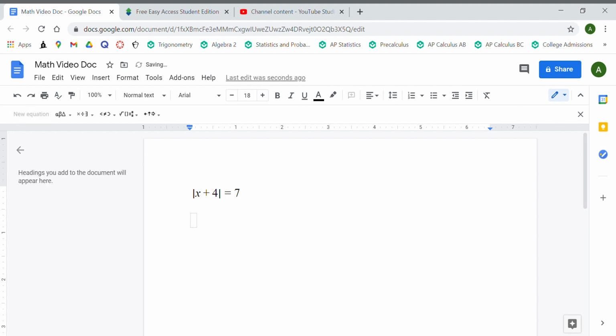Well, we actually have to break them up into 2 separate chunks. We take away the absolute value for this one, and then we do the same thing over here, except that the right side has to be negative.